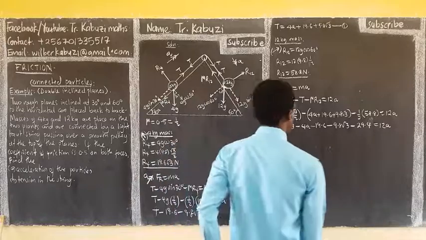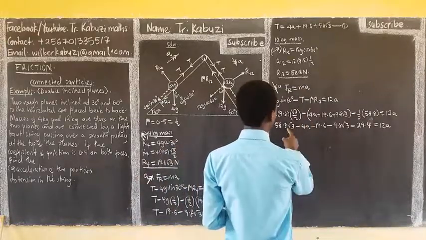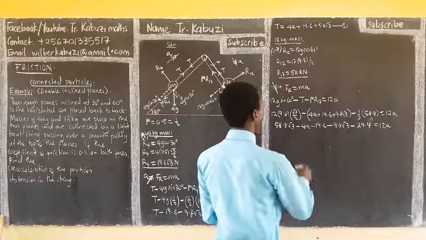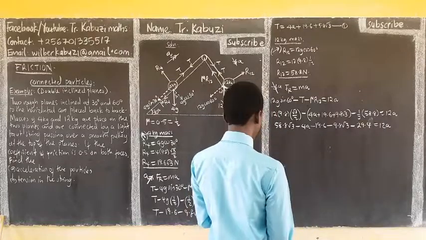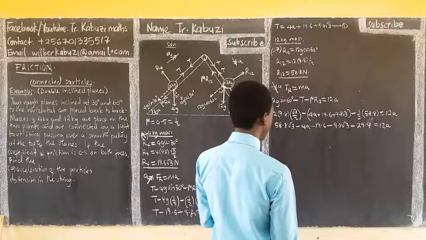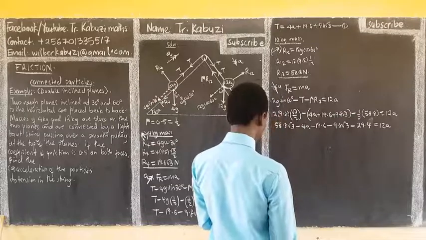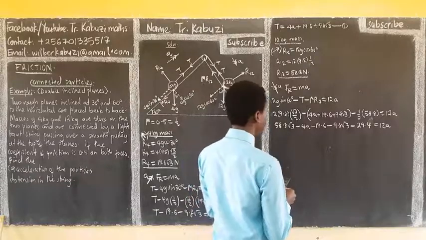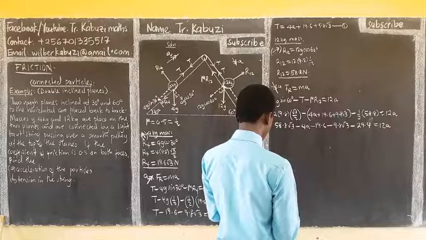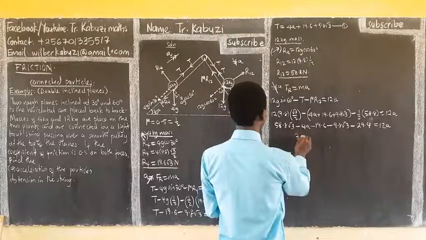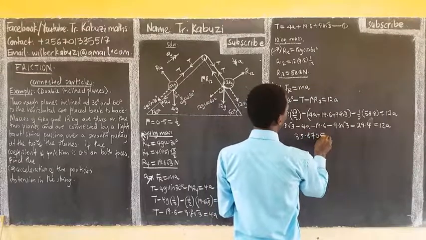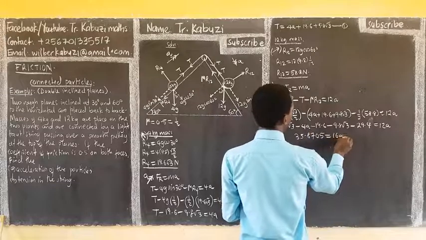When we simplify everything and take the 4a to this side, I'll be adding it, so I have 16a on the other side.